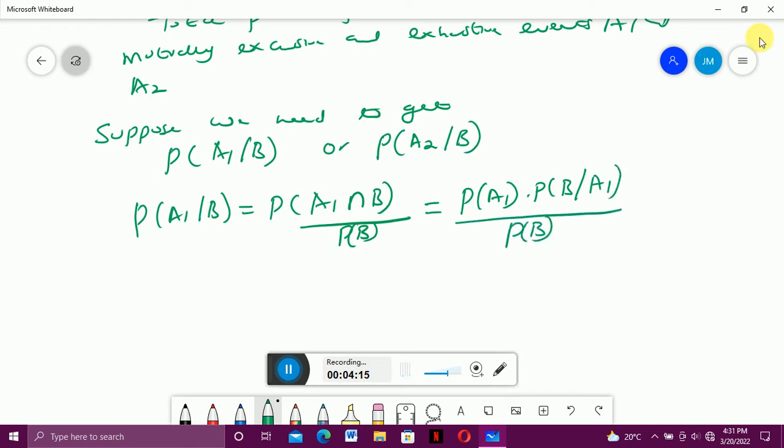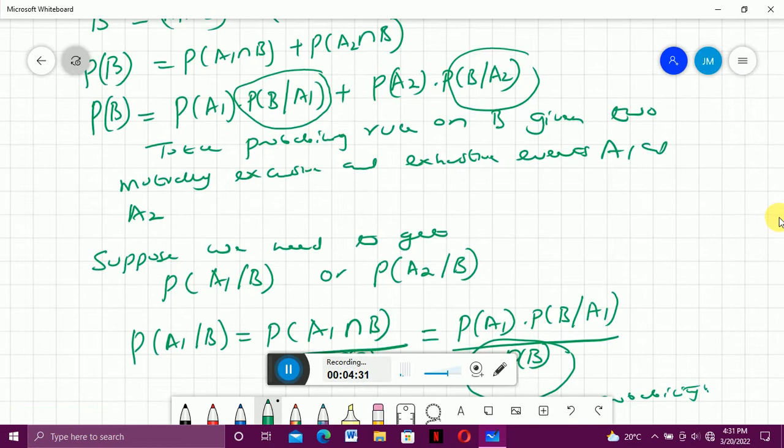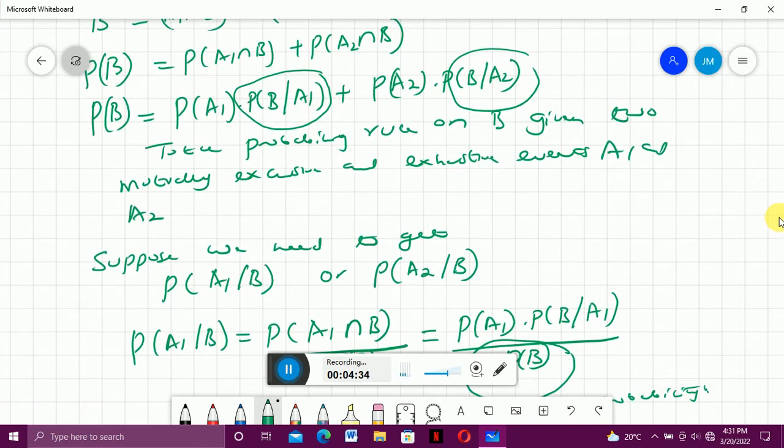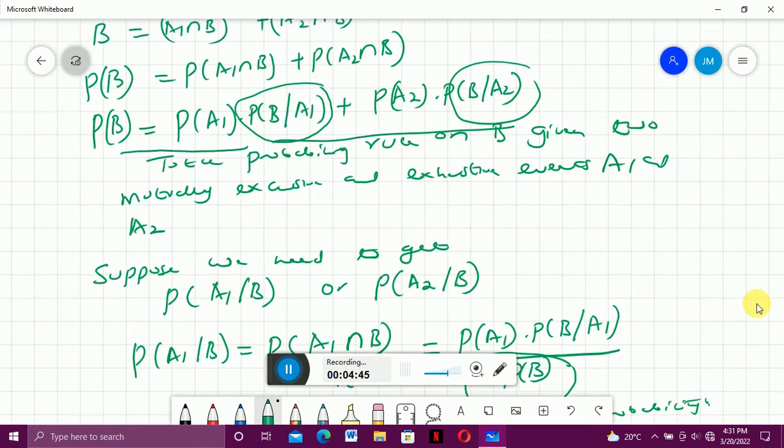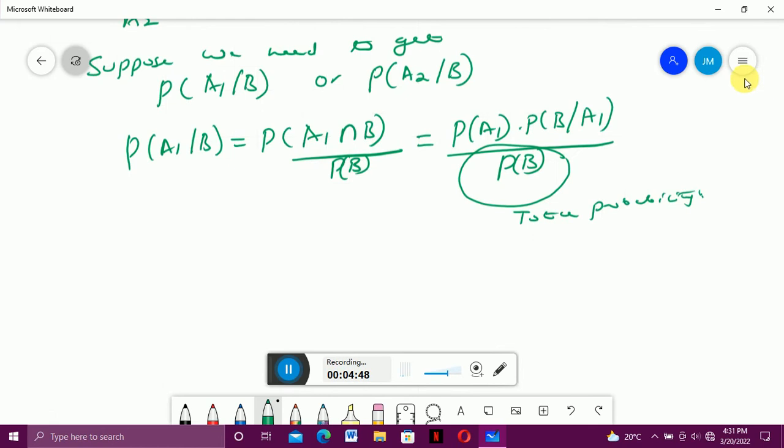What I would like you to note here is that this probability of B is what we called the total probability. So if we move up to where we wrote it, the probability of B is the probability of A1 times the probability of B given A1 plus the rest, so we can rewrite the probability of B that way.